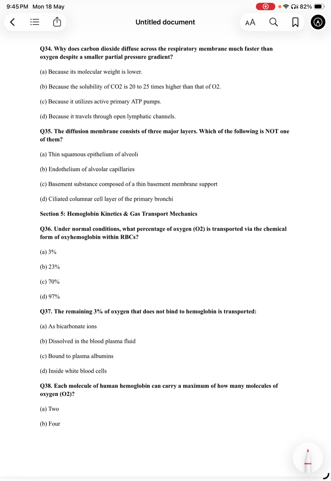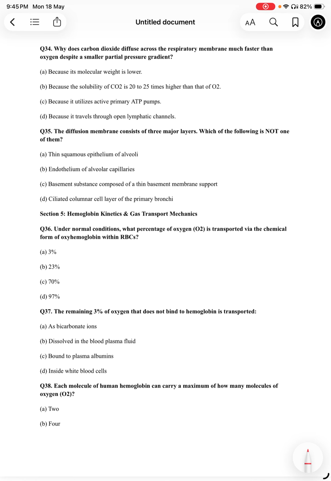Because its molecular weight is lower, because its solubility of CO2 is 20 to 25 times much higher than that of oxygen, because it utilizes primary ATP pumps, because it travels through open lymphatic channels. Why is it? Because the solubility of carbon dioxide compared to oxygen is 20 to 25 times higher.